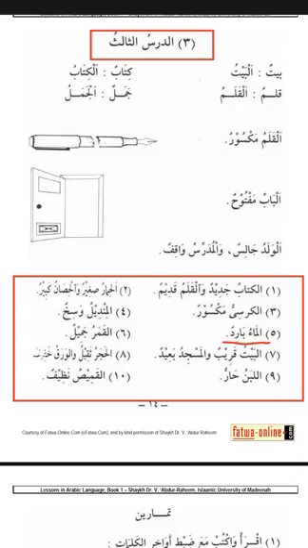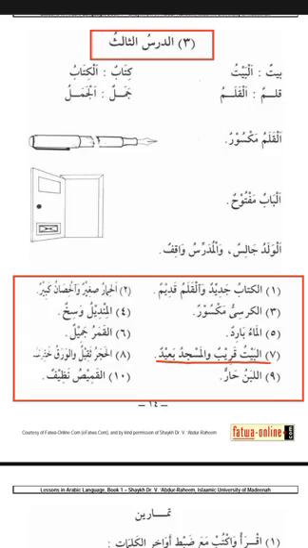Al-ma'u baridun, the water is cold. Al-qamaru jamilun, the moon is beautiful. Number 7, al-baytu qaribun wal-masjidu ba'idun. Al-baytu qaribun, the house is near.